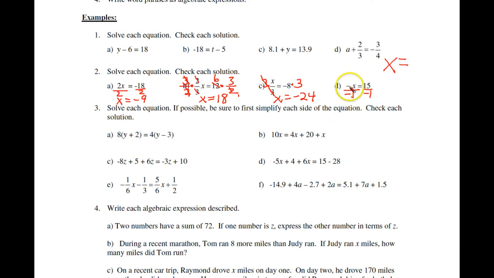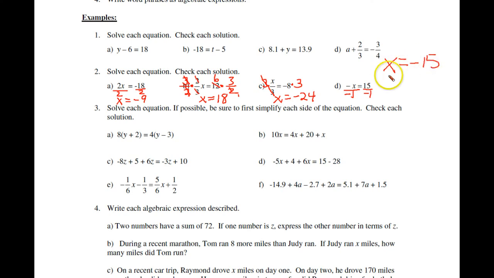Notice what happens. Negative divided by a negative makes it a positive. So we always want to solve for a positive variable, in this case an x. Now we have 15 divided by a negative 1 makes this a negative 15.